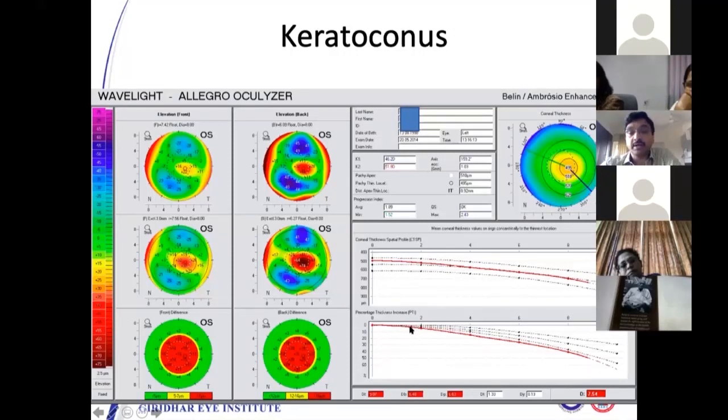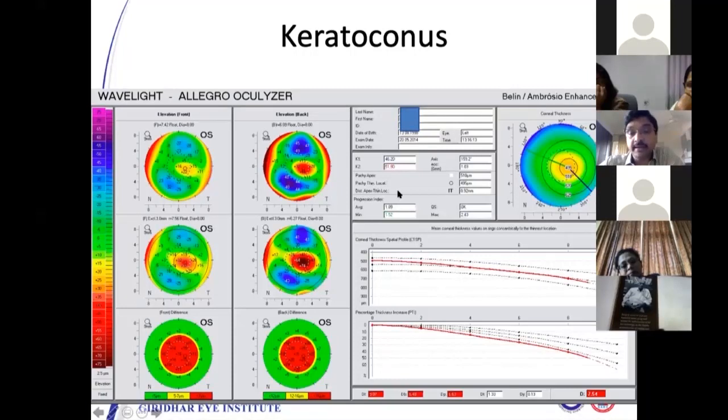Now this is another important printout or factor which helps you in diagnosing the abnormal cornea. The spatial thickness profile means how the corneal thickness is changing from the thinnest point to the periphery. So this is 500, and it goes. What these two outer lines mean is the 95 percentile of the normal.